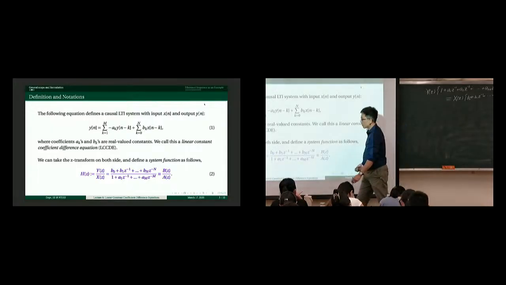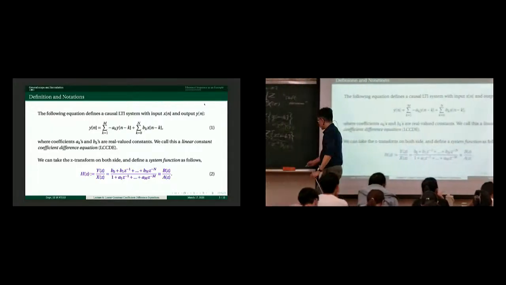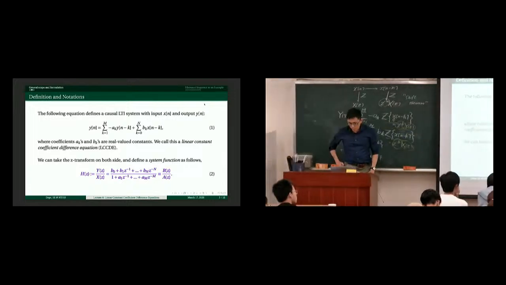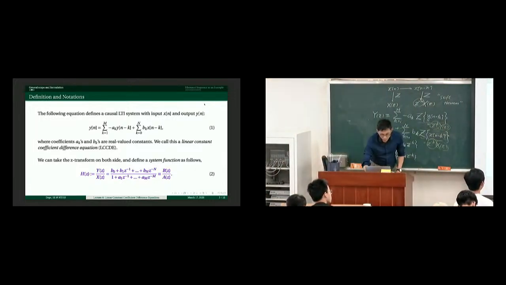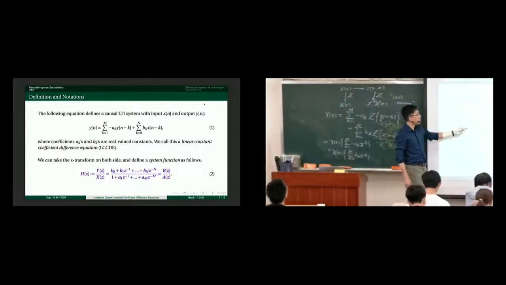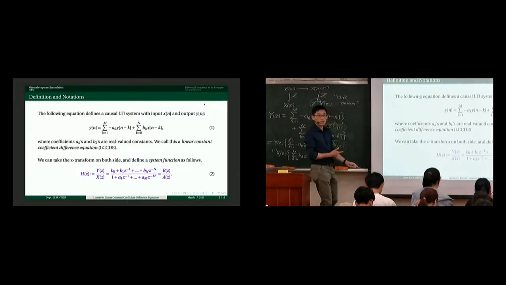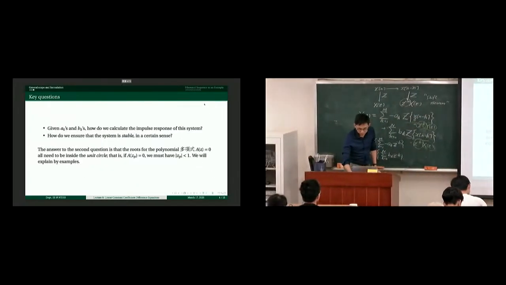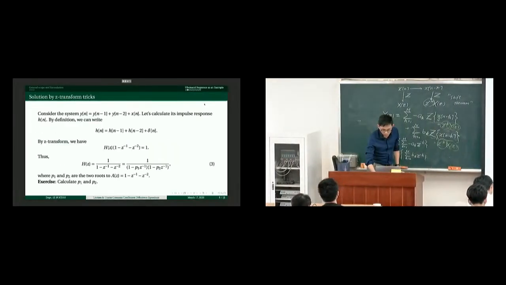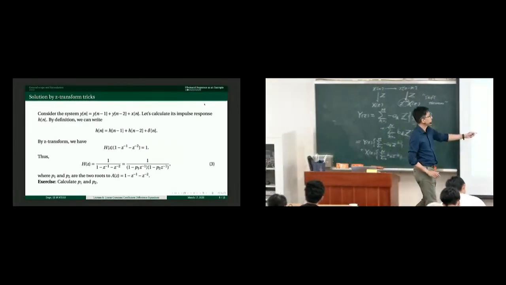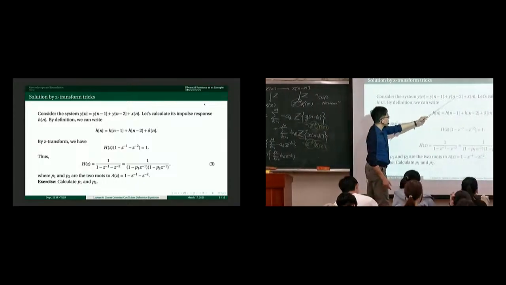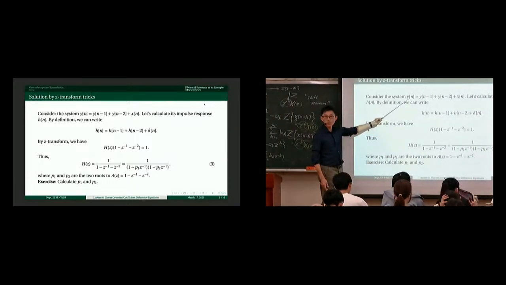From there, we'll learn how to analyze and compute. In general, if we're given a difference equation, we will be able, in principle, to compute its impulse response in closed form. We'll get back to the example of the Fibonacci series and have a general expression for its impulse response.